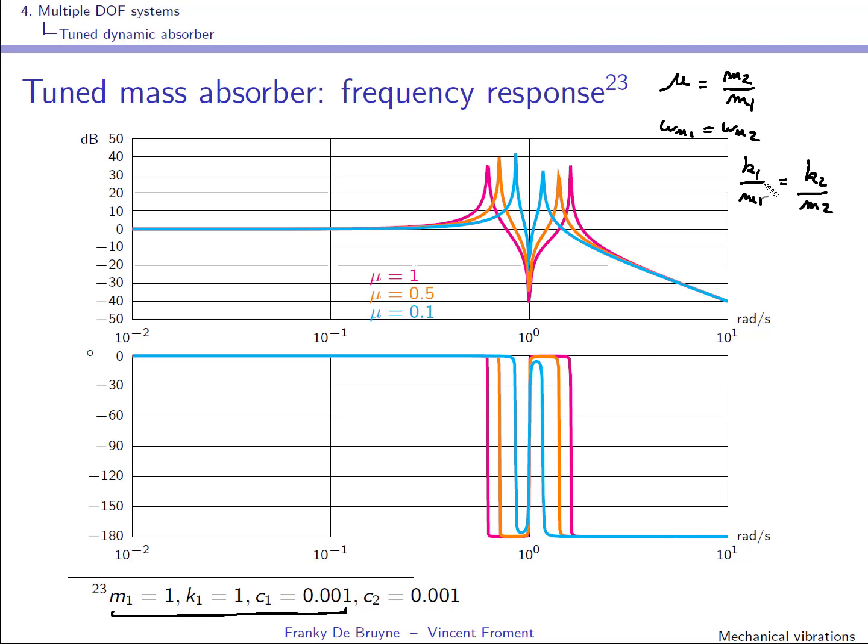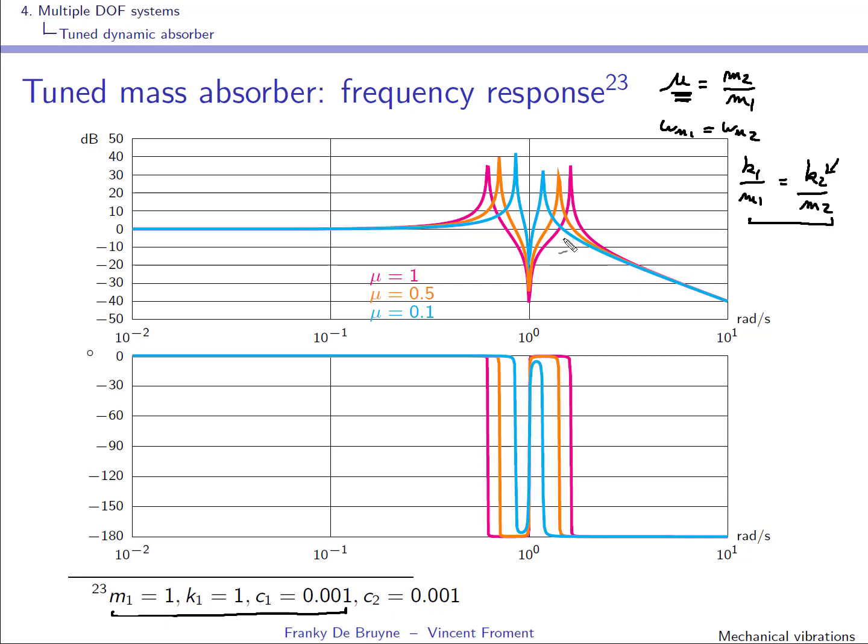So if you change mu, okay, well, since there is a link between these 2 equations, once you fix mu, you fix M2, but then you fix also K2, right?